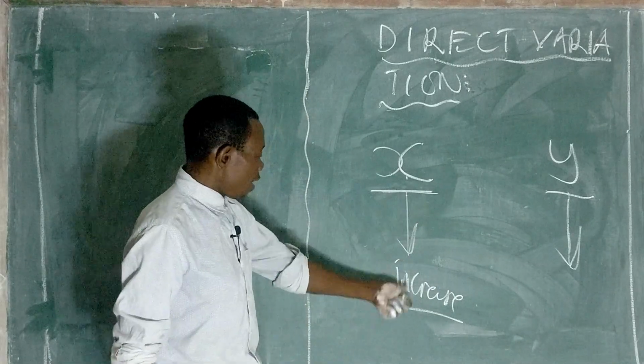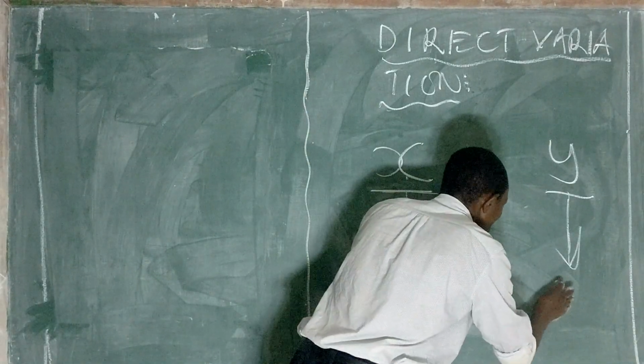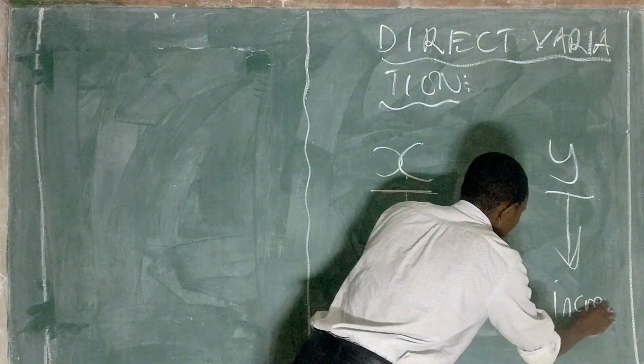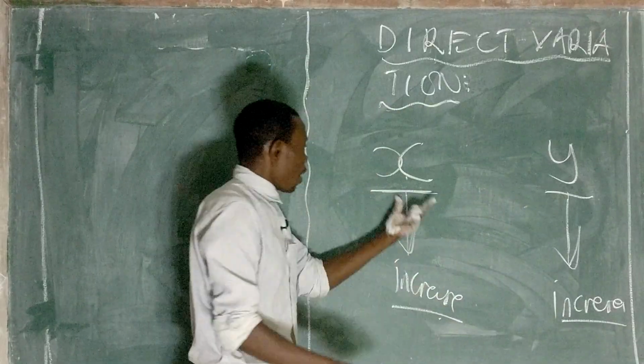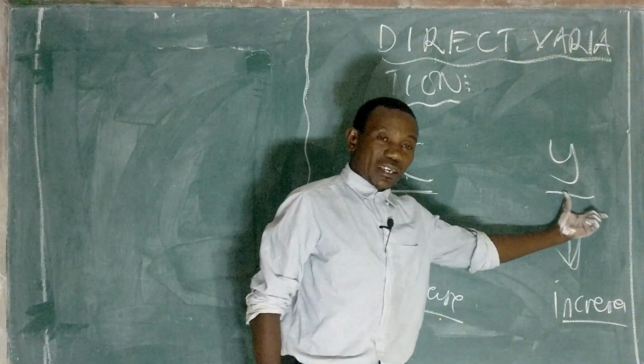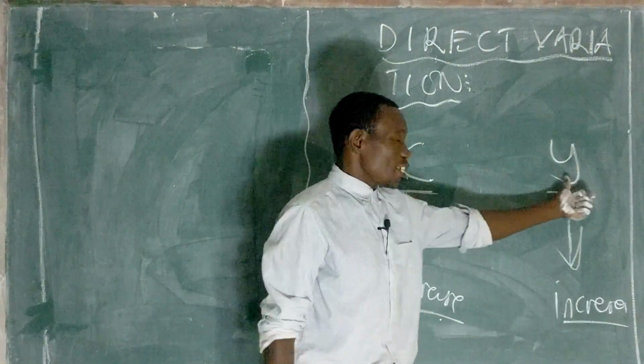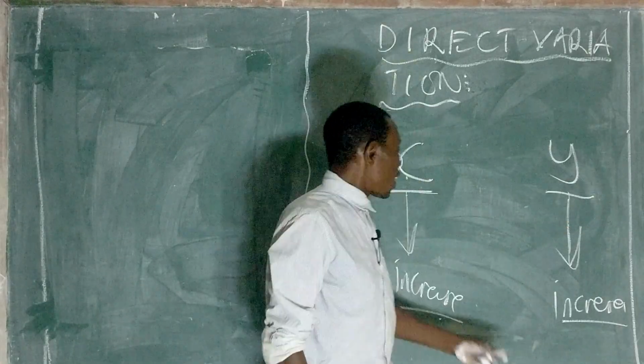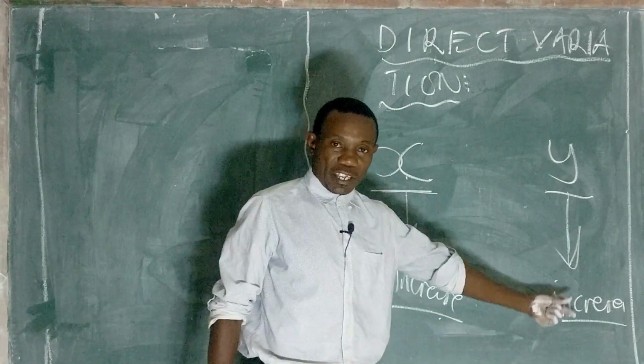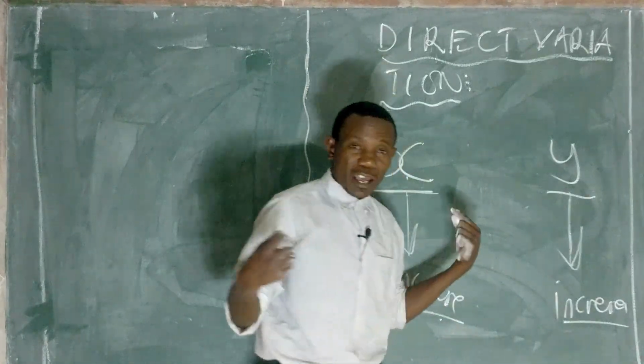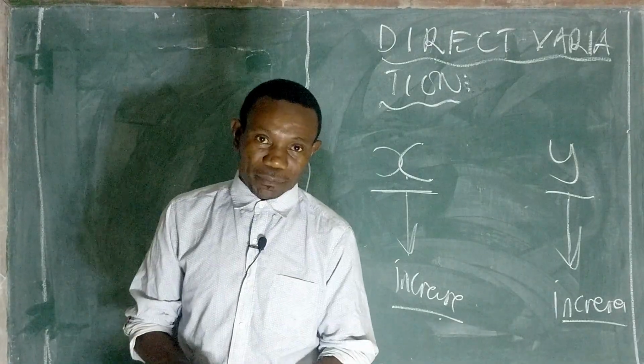So when X increases, we should expect Y also to increase. So when X is affected, Y is also affected. It means the two quantities are related. So this one is changing, that one is changing. We say the two quantities are varying with each other.